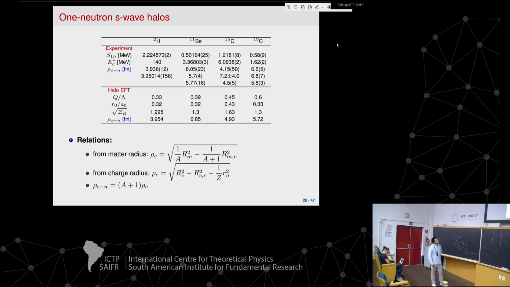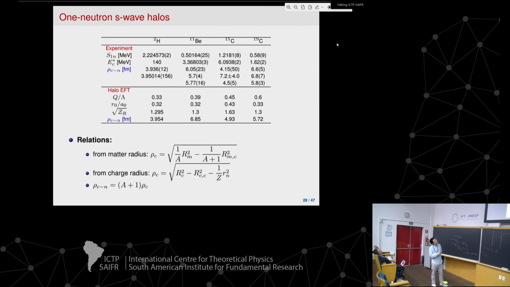Okay, so now we can use this formula to check if we agree with experimental measurements. From the experiments, as I already mentioned in the lecture in the morning, you can use either the matter radius or the charge radius to determine this rho C in these two ways.